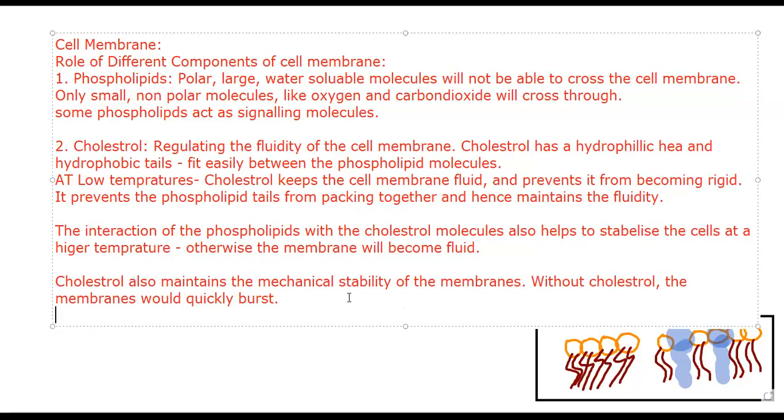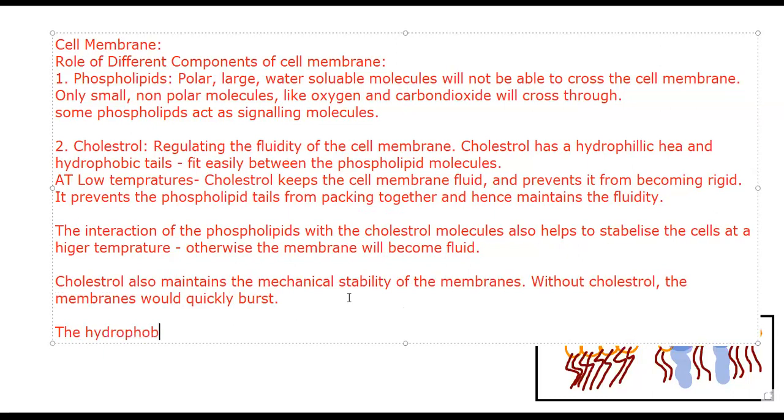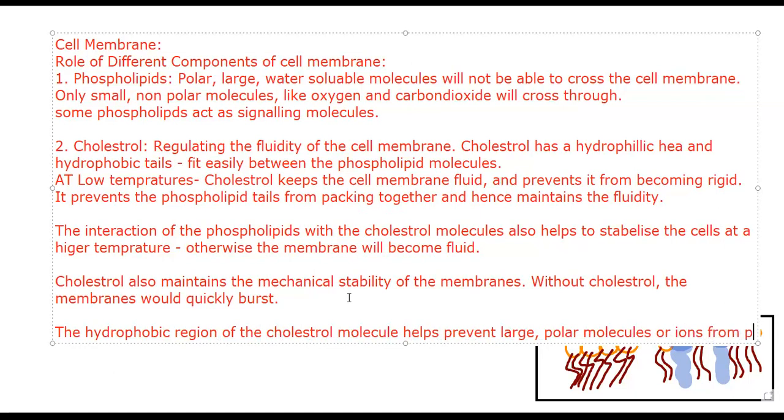What else? How else is cholesterol helping us out? Another way that cholesterol helps us out is that the hydrophobic region of the cholesterol molecule helps prevent large polar molecules or ions from passing through the membrane.